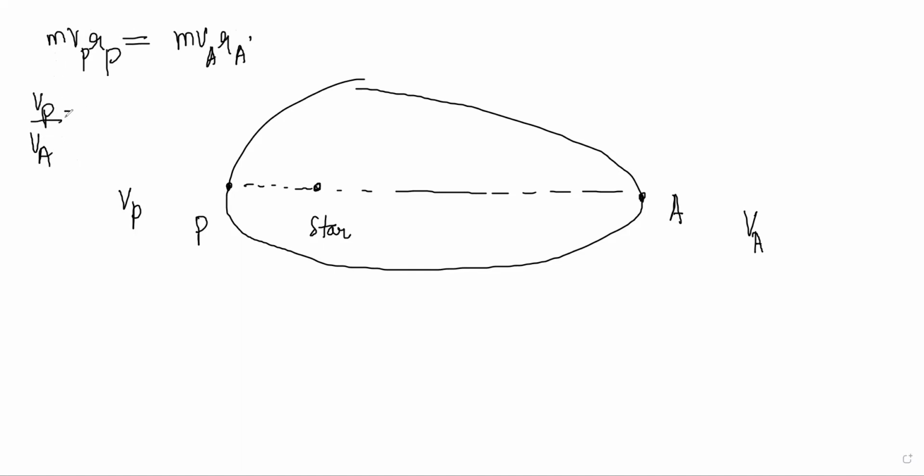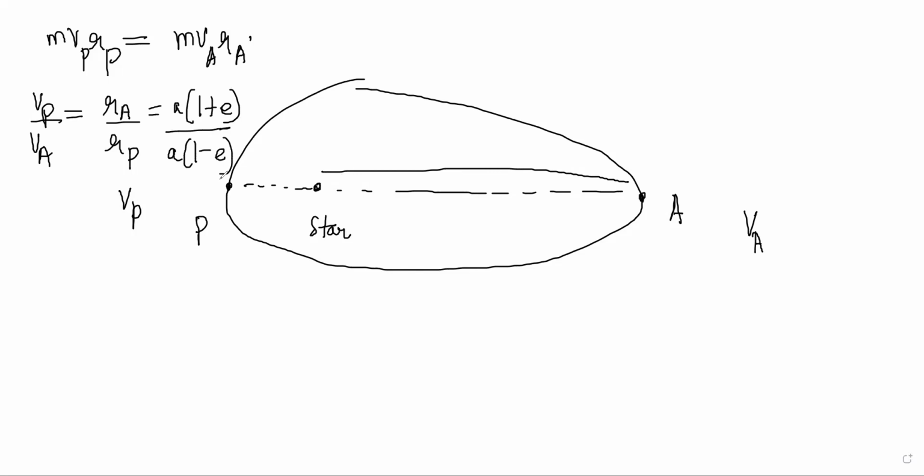So Vp by Va is simply Ra by Rp. Ra, this distance, is basically ae plus a, but you are correct. I don't think there is anything wrong. Rp is a into 1 minus e. So the ratio is 1 plus e by 1 minus e. There is no mistake here.